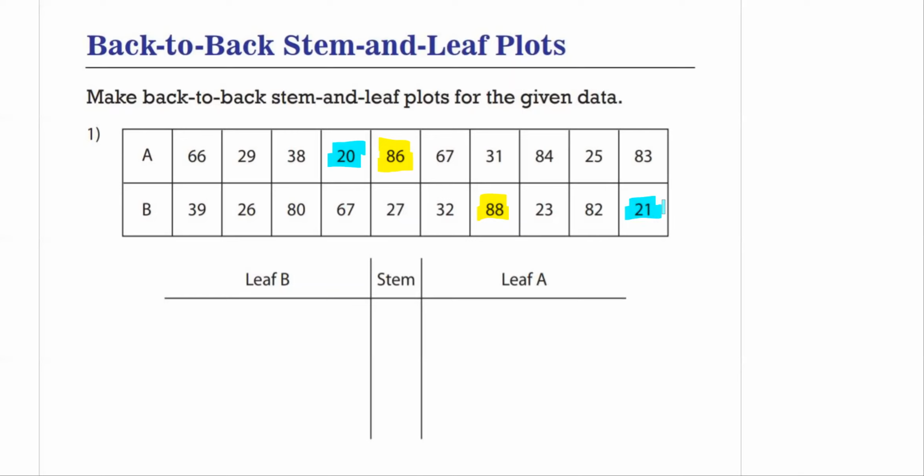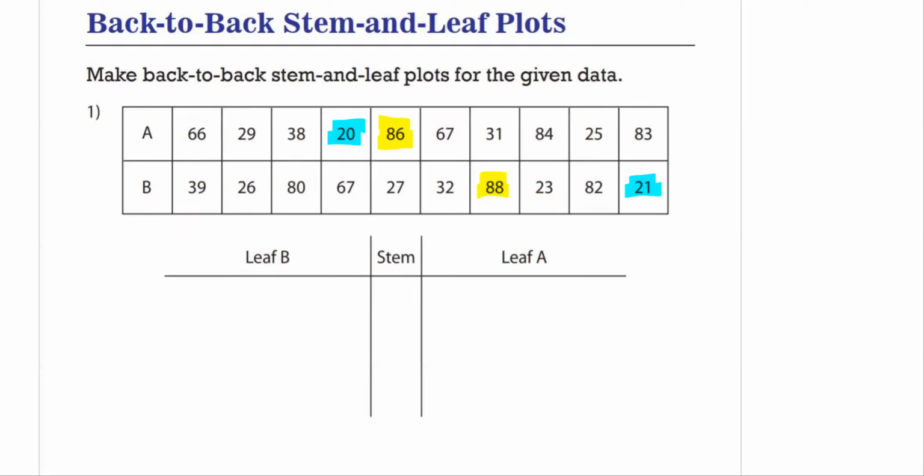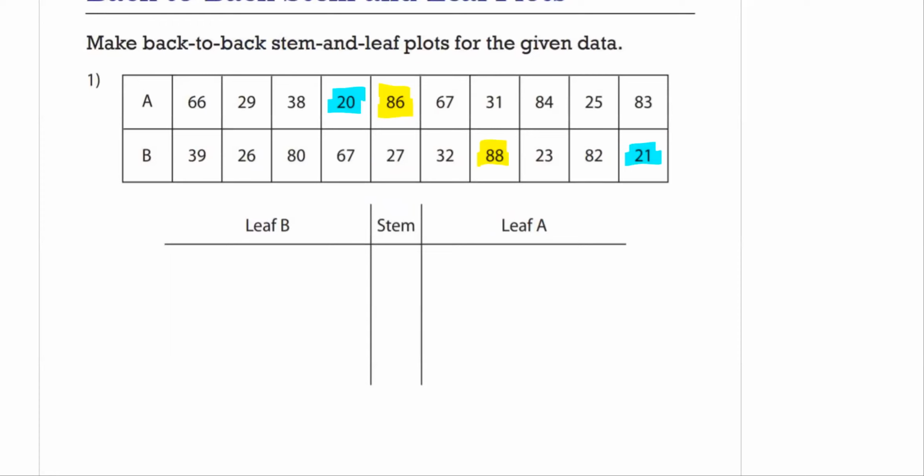Okay, so for both of these data sets, their lowest scores start in the 20s and go all the way up to the 80s. Now, if you are doing a question and they start and end at different points on your stem, then you have to put down enough numbers to cater for both groups.